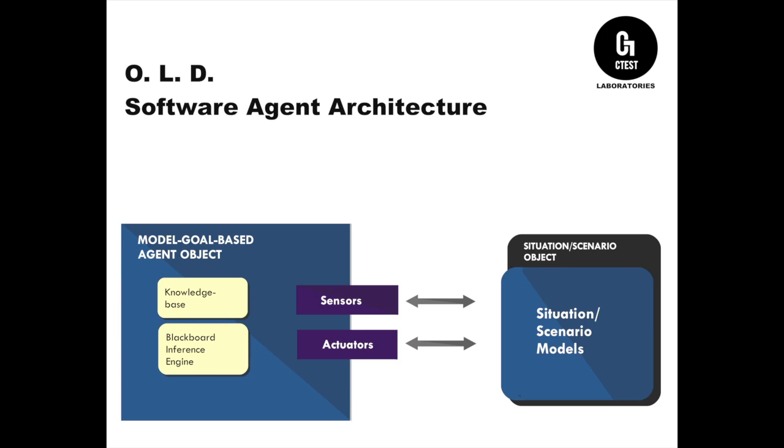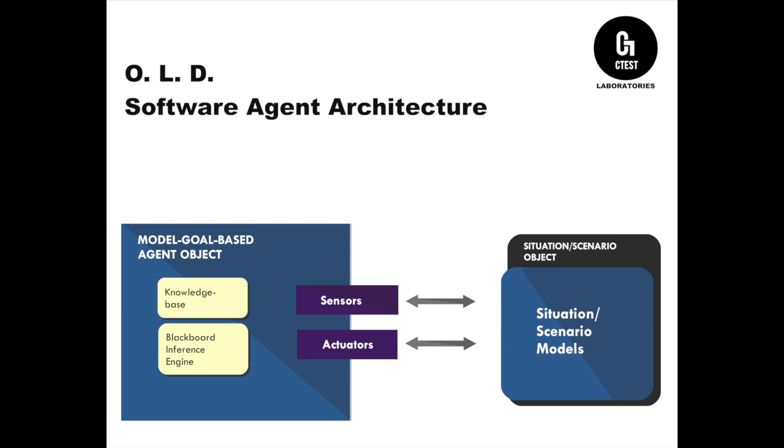robot is in. We believe that you can't have a robot that is ignorant of the situation or scenario that it's in. And so as much effort as we have has gone into modeling the robot, we've also modeled the situation and the scenario that robot is in.